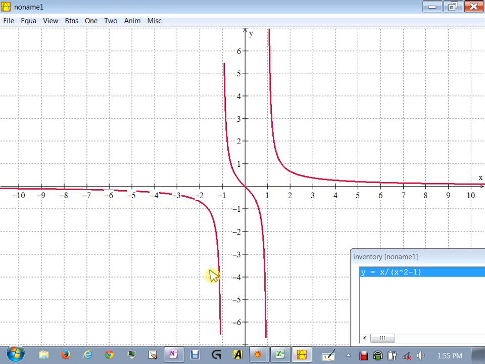Keep going down. But I have to pick up my pencil and come over here and then get on this side of the asymptote. And when I get on that side, I'm going to go down, down, down. And I have to pick up my pencil and come over here and then do the same thing, down, down, down. So the function's always decreasing. When you're on the function, it's decreasing. But there are two places you can't be on the function. Make sense? Yes?